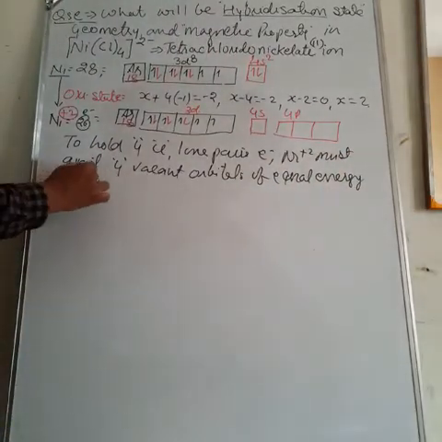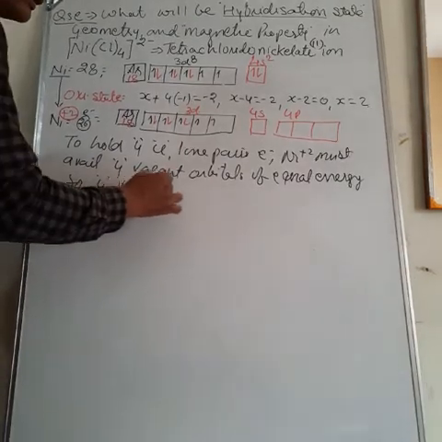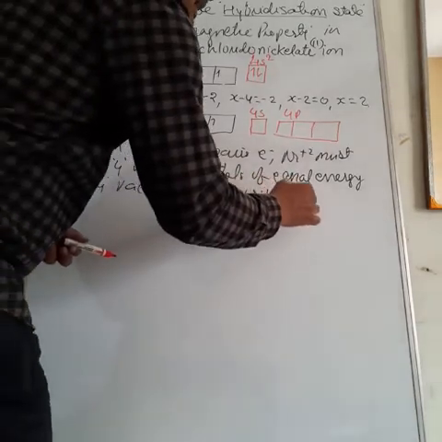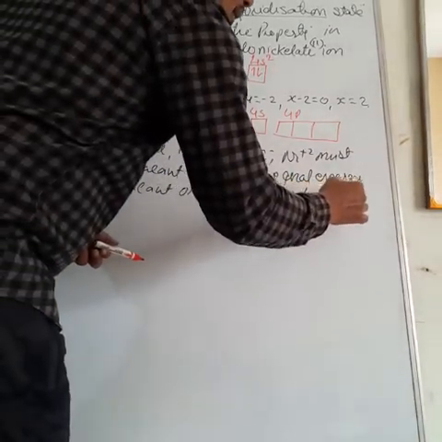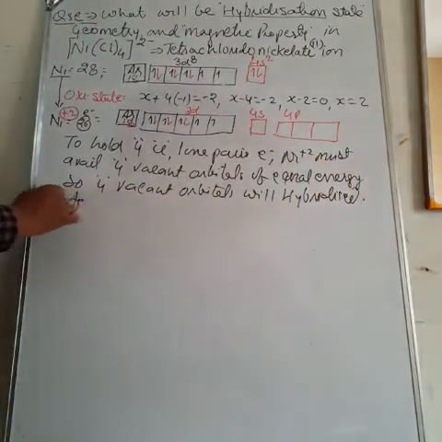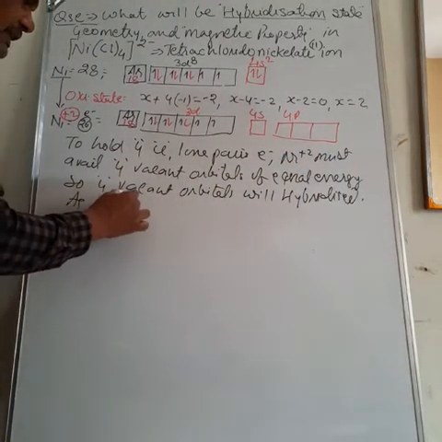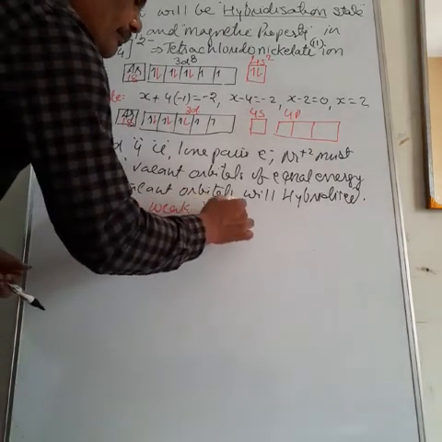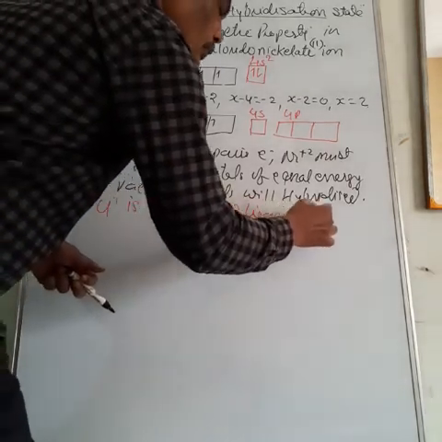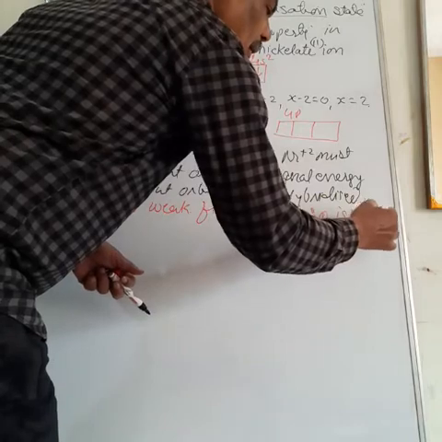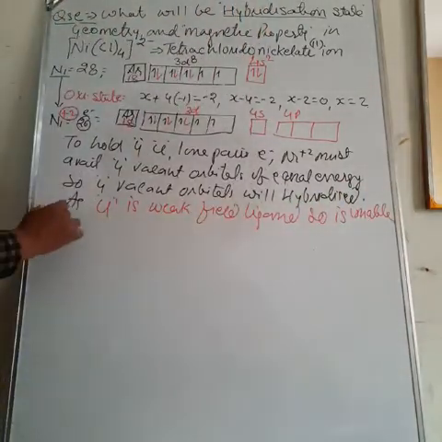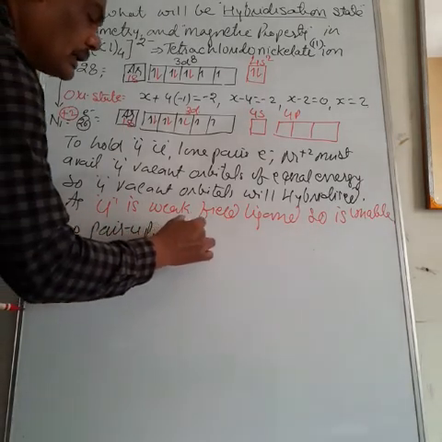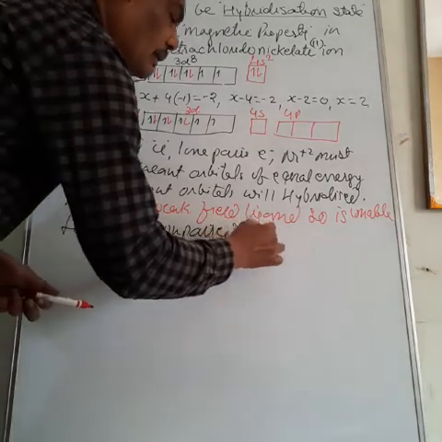So 4 vacant orbitals will hybridize, as Cl is a weak ligand, so it is unable to pair up the unpaired orbitals.